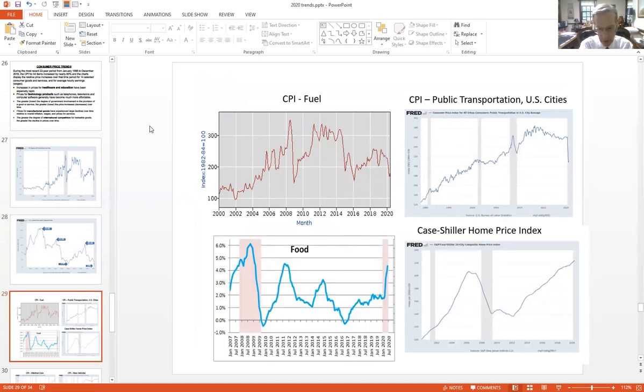Here is another one of these panels where we show things sort of in comparison. Once again, you can see the change in the prices of fuel coming down, really quite low. Price for public transportation also has come down. Partly, this would be rapid transit systems, bus systems, Amtrak, and so forth.